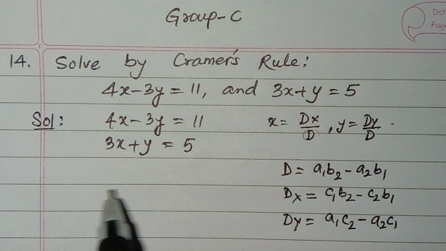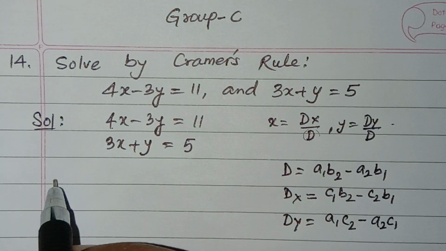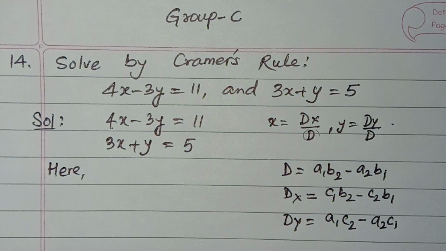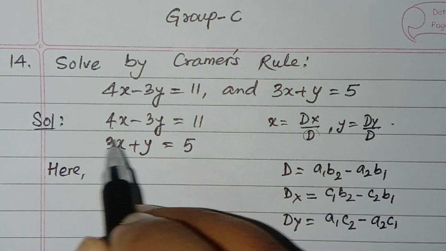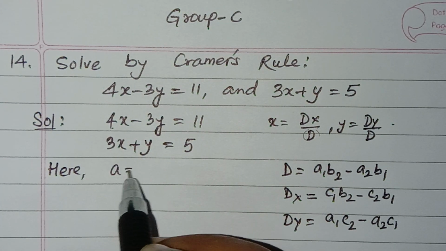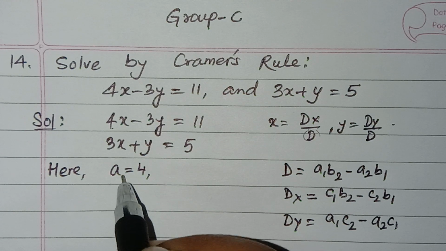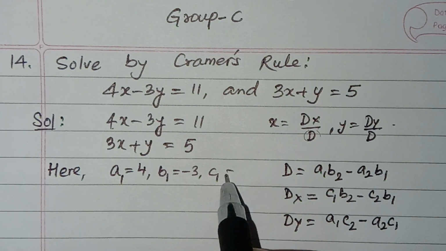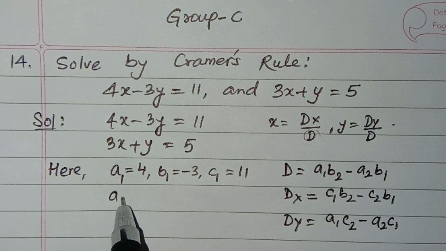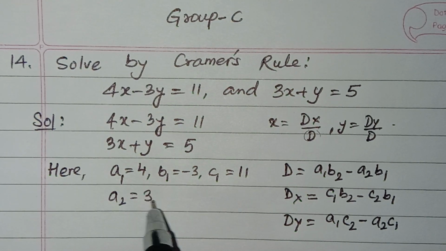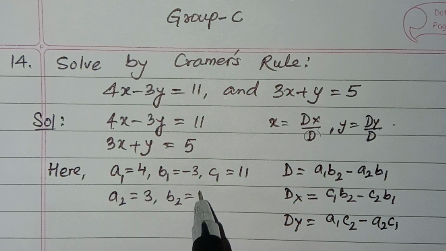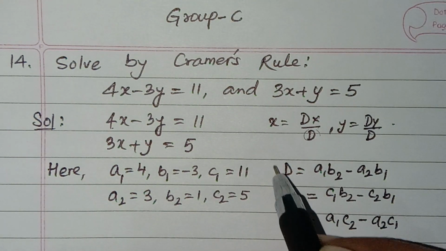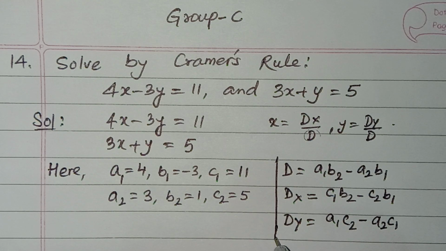So let me write here: a1 is 4, b1 is minus 3, c1 is 11, a2 is 3, b2 is 1, and c2 is 5. Let me keep it in a box.